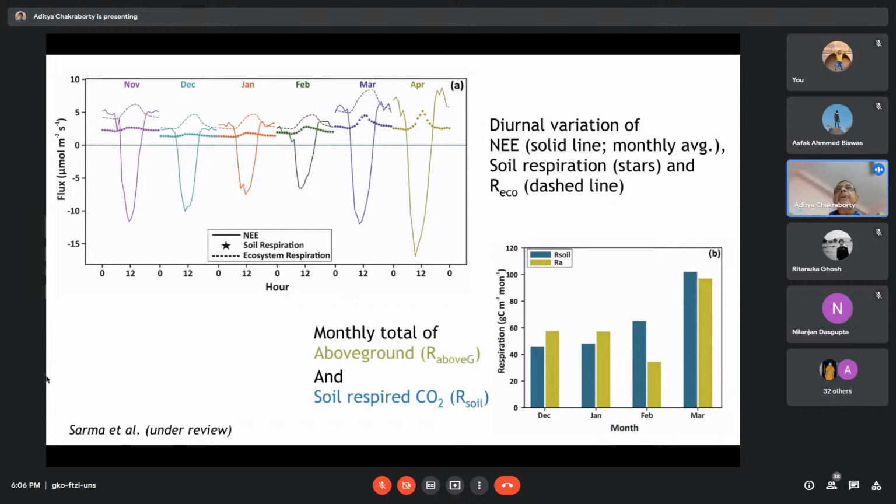We have measured soil respiration in Darjeeling also, and on a daily scale the value at Darjeeling is almost half of that of Kaziranga. So the Kaziranga ecosystem emits a huge amount of carbon dioxide because of soil respiration, and that is driven by bacterial activities.